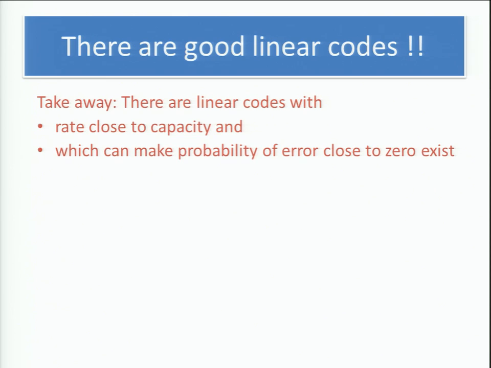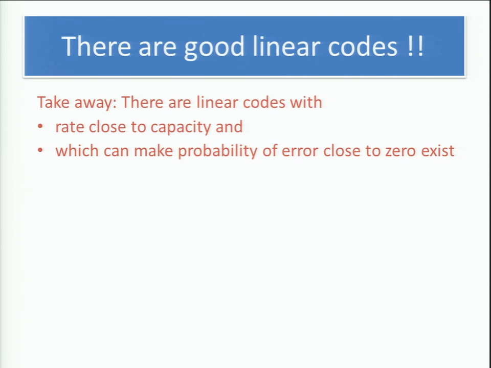He came up with this expression for channel capacity, and he said that there are good linear codes. What does he mean by good linear codes? One is that the rate of the code has to be close to the capacity. Second, when you use that code, the probability of error has to go to 0, because capacity means only that. You are taking only those codes or families of codes for which the probability of error actually goes to 0.